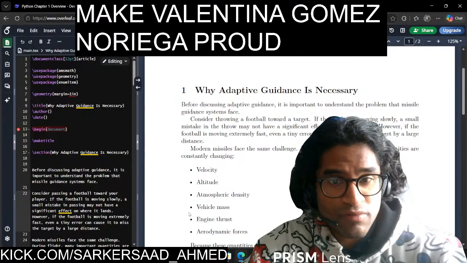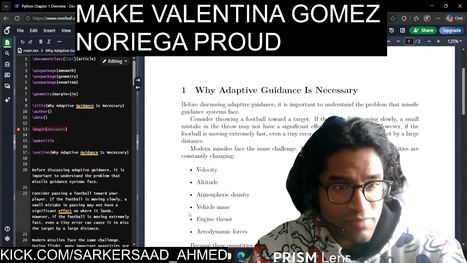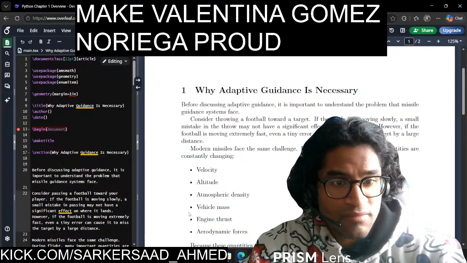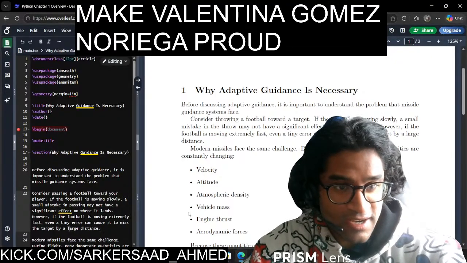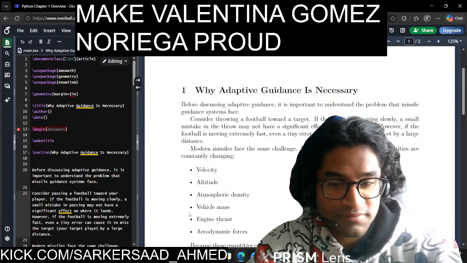However, if the football is moving extremely fast, a tiny error can cause it to miss the target by a large distance. Target as in your target player.